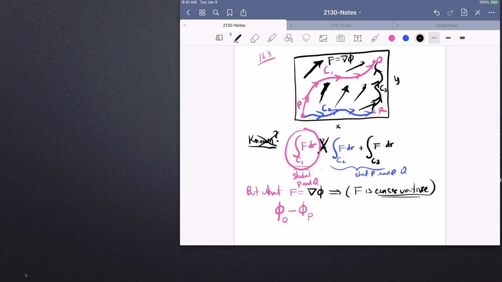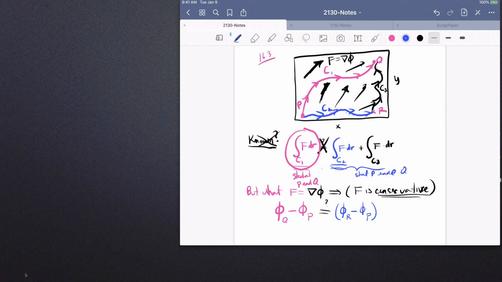The question is, was that equal to the second line integral, the vector field along the curve C2, which will be the potential function at the point R minus the potential function at the point P?